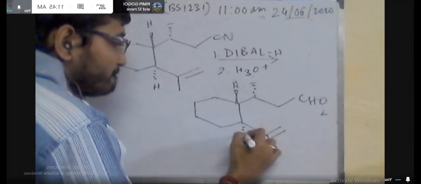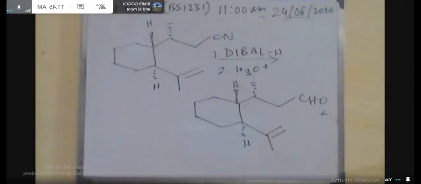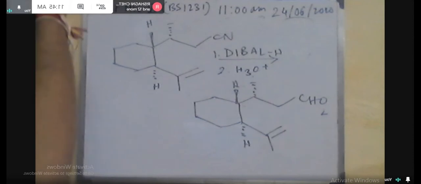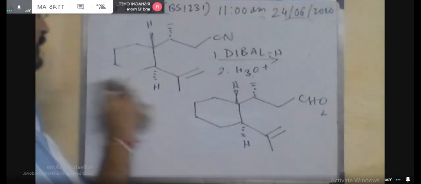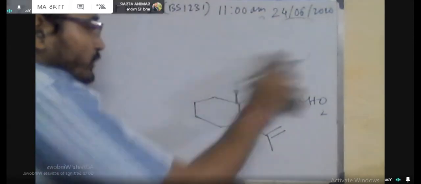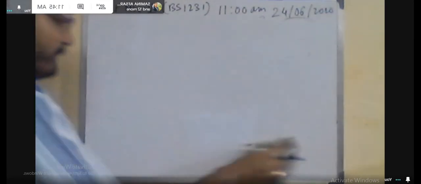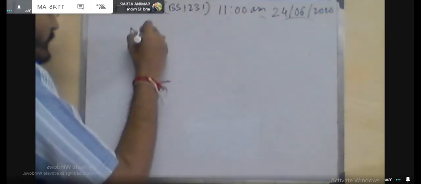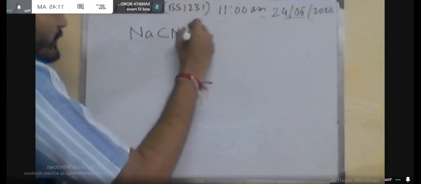So in this case, you can see the utility of the sodium cyanoborohydride. First you have to convert this C double bond O to the corresponding imine group. How is the imine group formed? From the carbonyl.